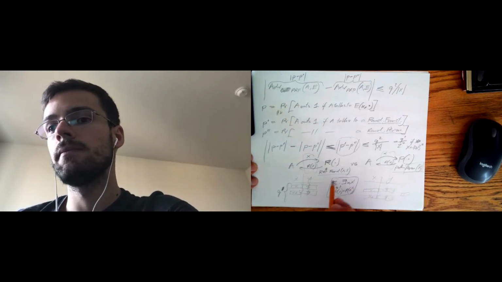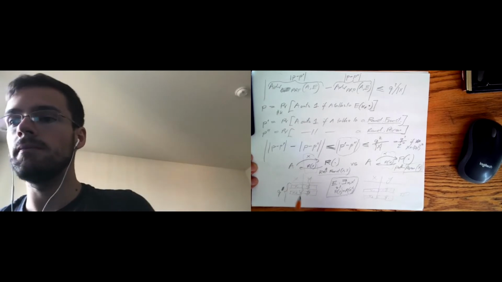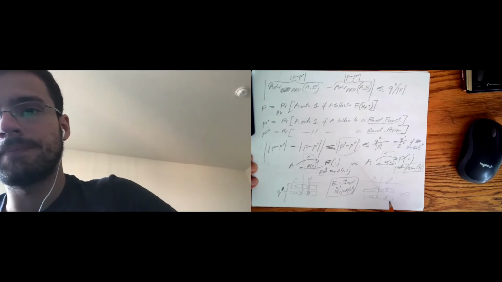The probability that you will violate this constraint imposed by a random permutation is this.